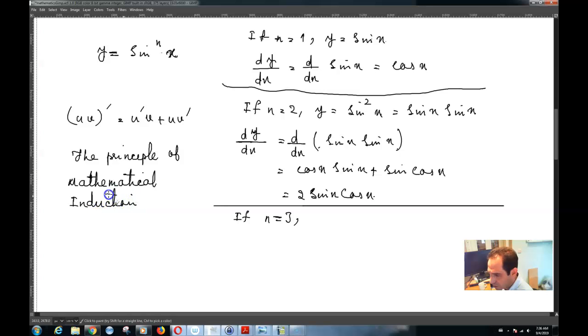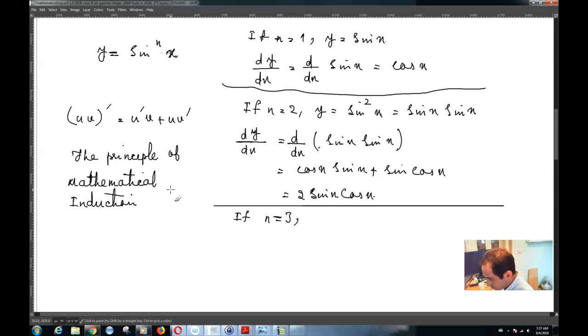And using the principle of mathematical induction, we can prove that, for example, d by dx of sine raised to the power n of x is such and such. It's actually a very clever way of proving something.